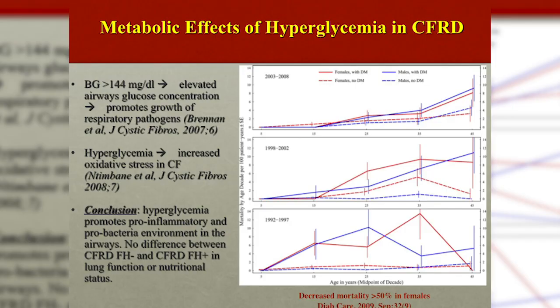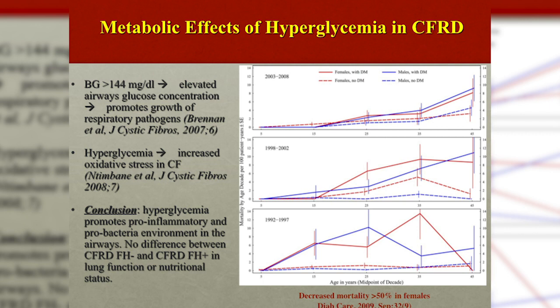So what are the metabolic effects of high blood sugar in CFRD? It has been shown that blood sugars over 144 milligrams per deciliter, which is not significantly elevated but above normal, cause elevated airway glucose concentration and promote the growth of pathogens in the airways.